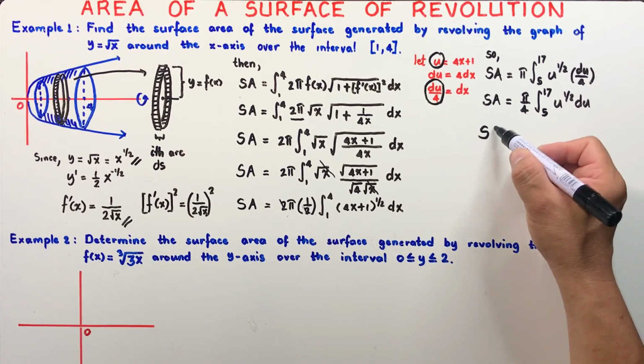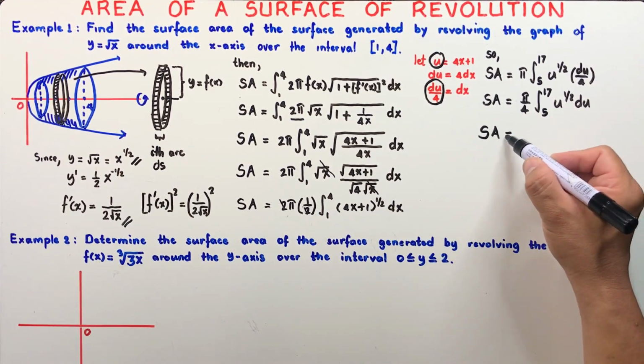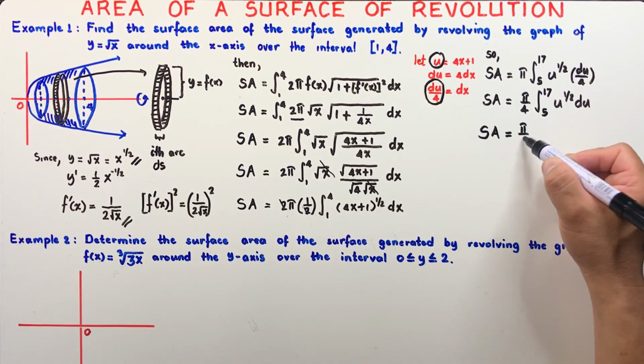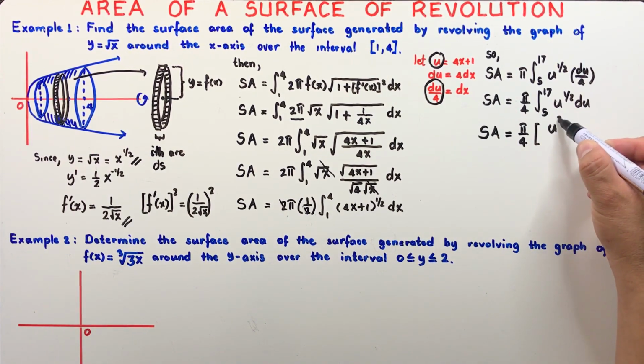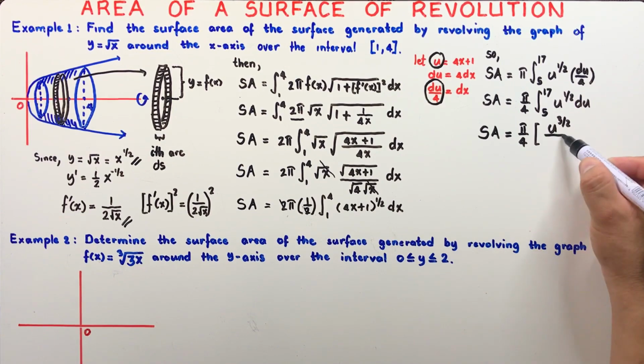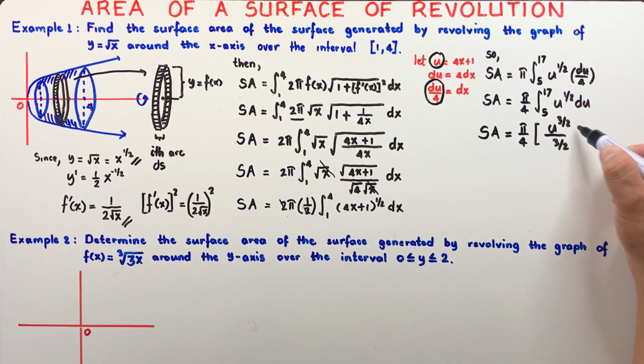So the whole surface area is equal to pi over 4 times the integral of u to the power 3/2 over 3/2, because this is the integral of u to the power 1/2, evaluated from 5 to 17.